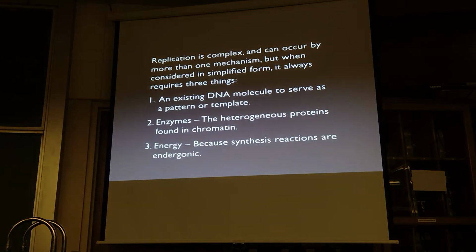The third thing that's required is energy, because DNA replication is synthesis. It's a building process, and building those phosphodiester bonds, you have to have energy. Where did the energy come from? ATP, yes, but DNA isn't all adenine.